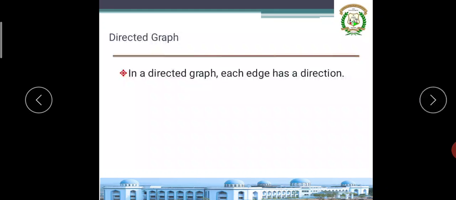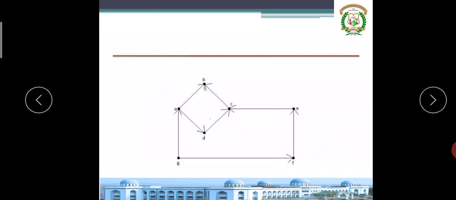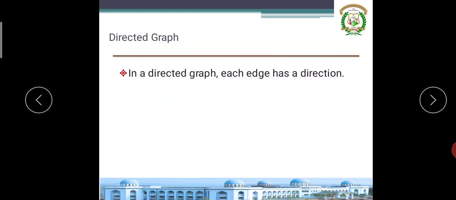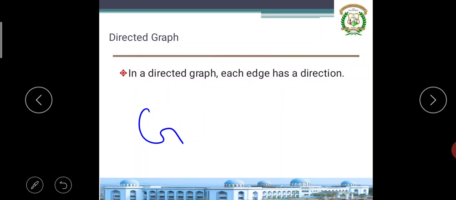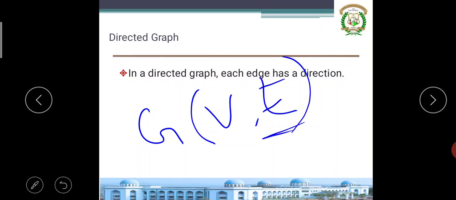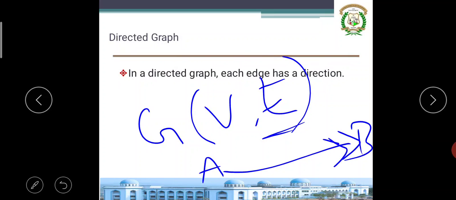Next one, directed graph. How do you define a directed graph? A graph is a group of non-empty vertices and edges. Observe the speciality of edges. If the direction is mentioned on the edges, for example, this is A and this is B, the edge should be written A to B, you should not write BA.